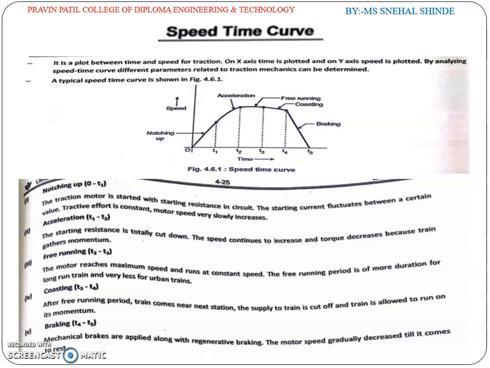The starting resistance is being cut out during this period so that the current, and therefore the tractive effort, are approximately constant because of the notching action of the starting resistance.